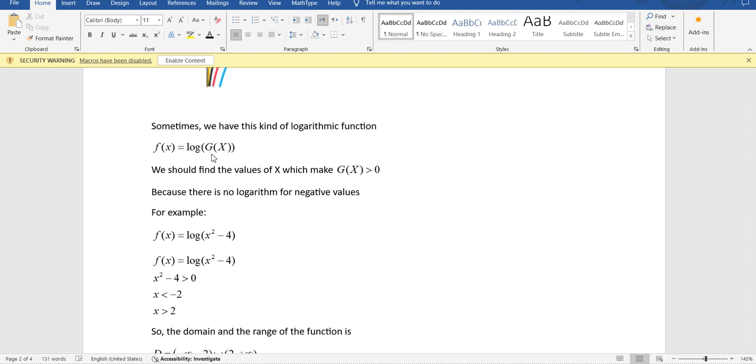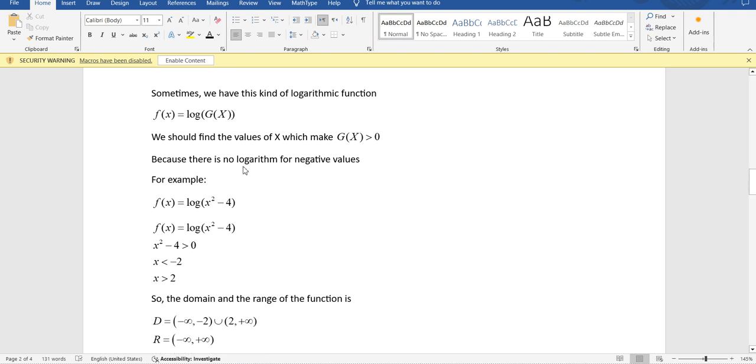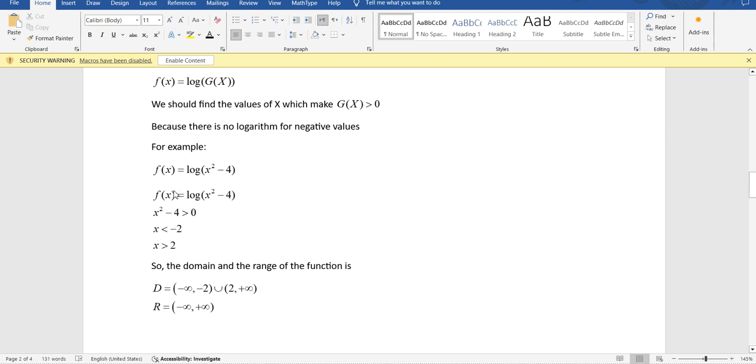We should find the values of x which make g of x larger than 0, because it's impossible to find the value of this function when g of x equals 0, as I said, because there is no logarithm for negative values. So we need g of x larger than 0.